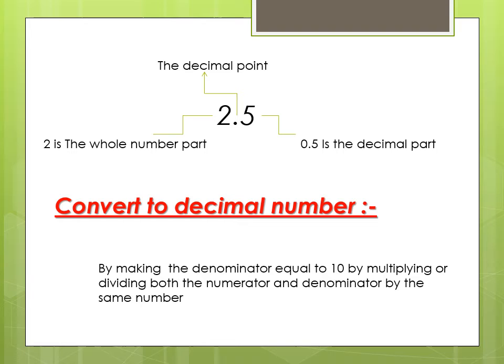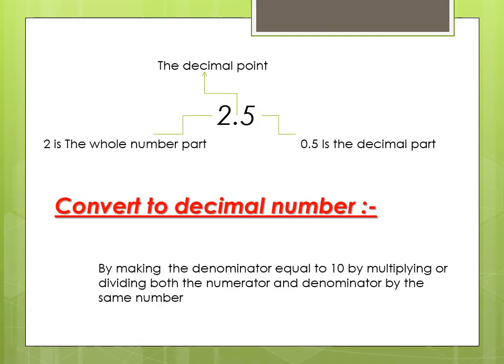But we must multiply or divide both the numerator and the denominator, because anything that happens to one of them must happen to the other. So to convert any fraction to decimal, we convert the denominator to 10 by multiplying or dividing both the numerator and the denominator by the same number.